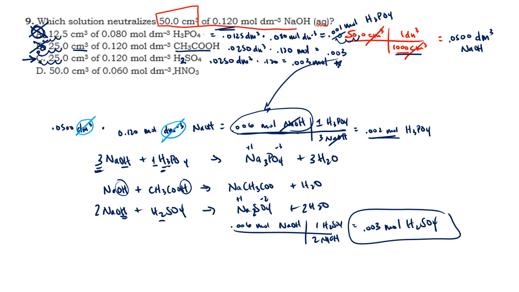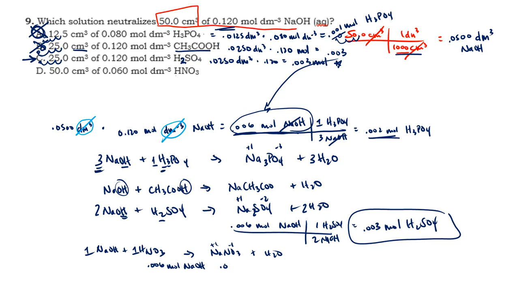Same thing here. We're going to write our equation, NaOH and HNO3. We're going to make sodium nitrate and the water. This is a +1 -1, so I have a 1-to-1 ratio. So I have this 0.006 moles of sodium hydroxide.